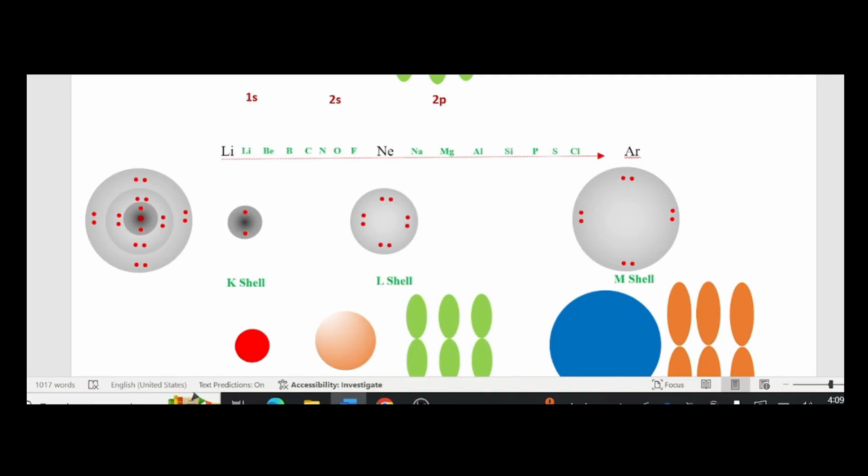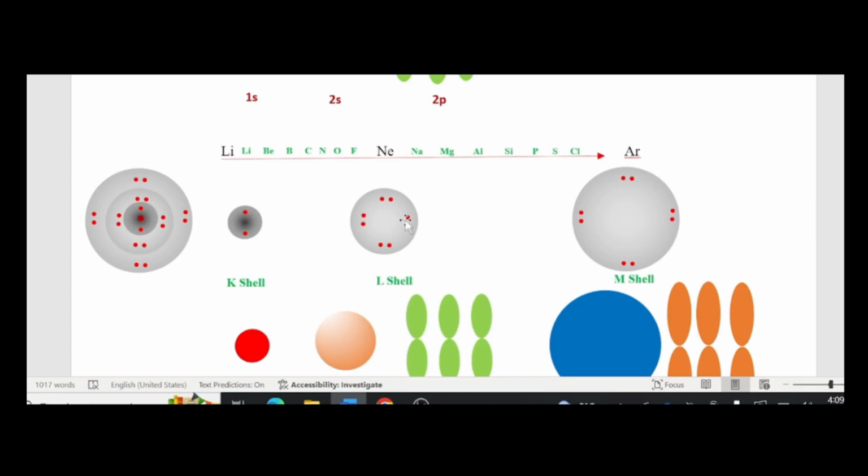Any element that has more electrons than neon, say sodium for example, sodium has 11 electrons. The 2 will come in this one, 8 here, and 1 will go in this other shell here. So like that, it shall become progressively filled until you meet argon, and then argon is going to have this here. So argon will have 2, 8, 8.